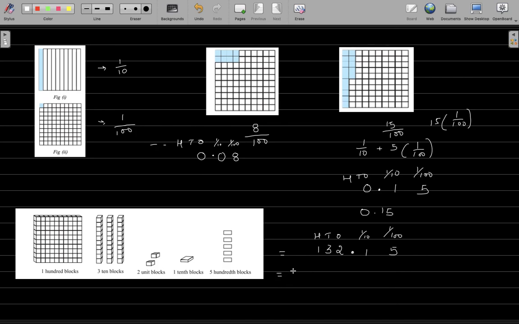So this is a representation of the decimal number 132.15, right? So whenever you're writing a decimal number, you must understand that towards the right we have the fractional positional values, and towards the left we have the positional values in ones, tens, hundreds, increasing by the order of 10.